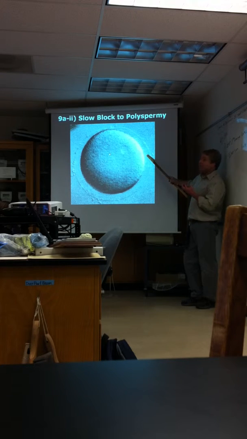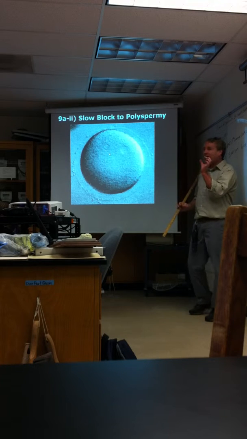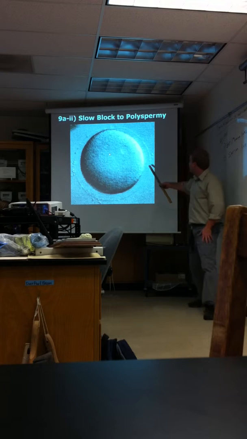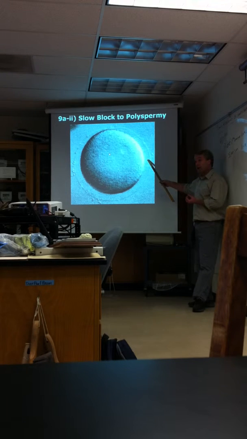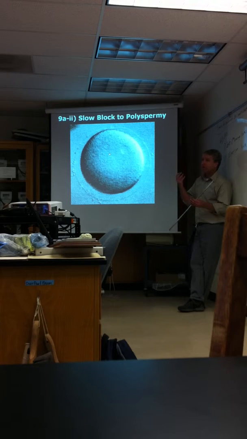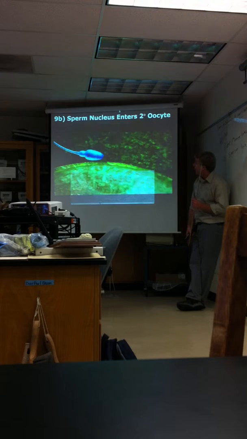When the zona pellucida calcifies, it becomes like a hard shell. Just like a chicken egg has a hard shell, now this zona pellucida is going to have a hard shell. And so now you have this slow block, we call it, because with a hardened zona pellucida, there's no way any sperm can get in there, because now it is calcified. And so that is the slow block, calcification of the zona pellucida.